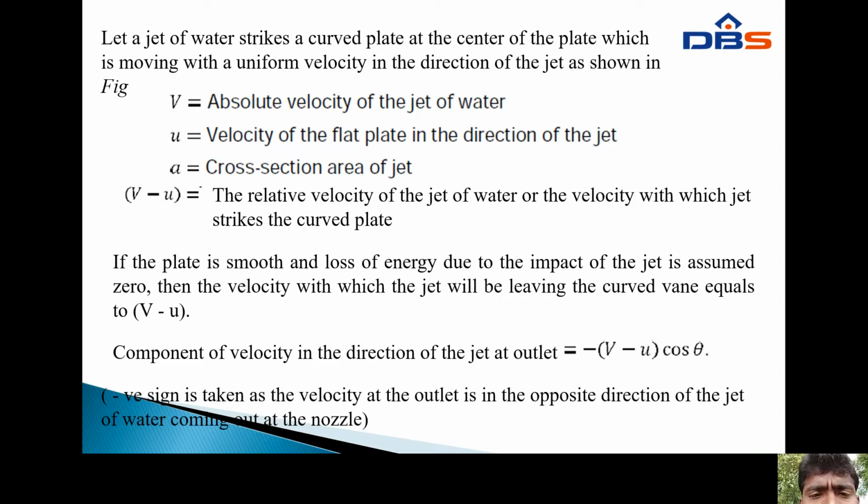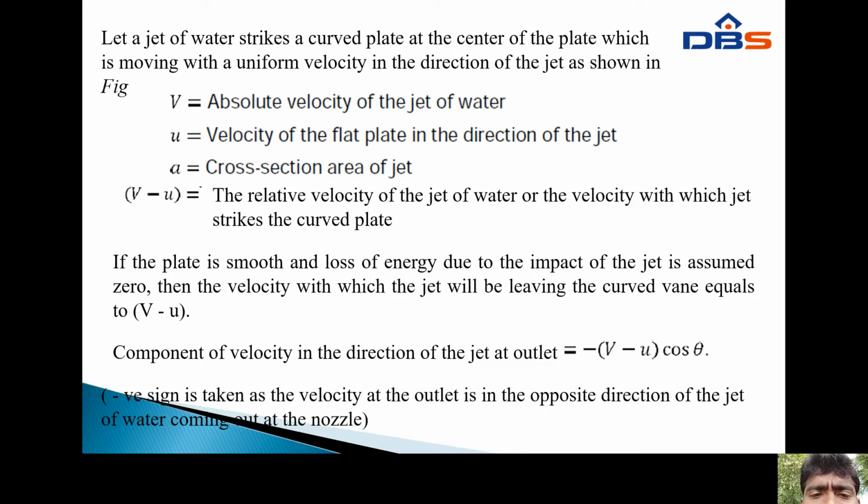If the plate is smooth and loss of energy due to the impact of the jet is assumed zero, then the velocity with which the jet will leave the curved vane equals v minus u. The component of velocity in the direction of the jet at outlet equals minus (v minus u) cos theta.